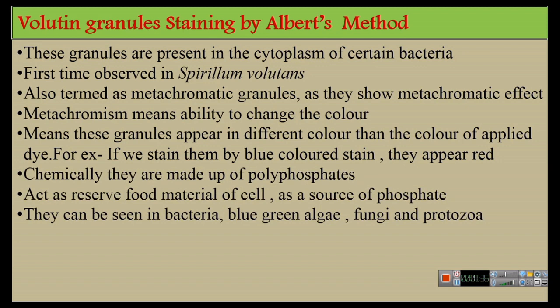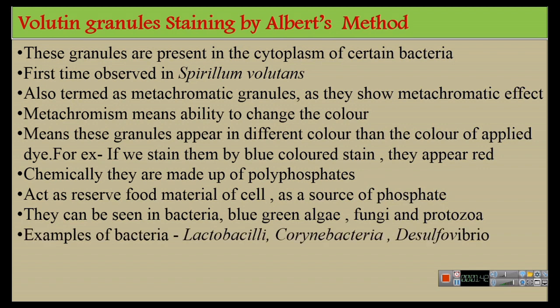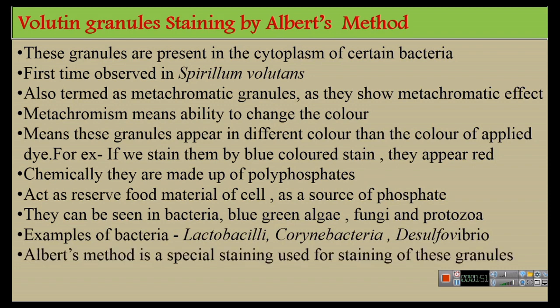These granules can be seen in bacteria, blue-green algae, fungi, as well as in certain protozoans. The examples of bacteria showing the presence of such granules are Lactobacilli, Corynebacteria, Desulfovibrio, and so on. For staining of such granules, a special staining method called Albert's method is used.